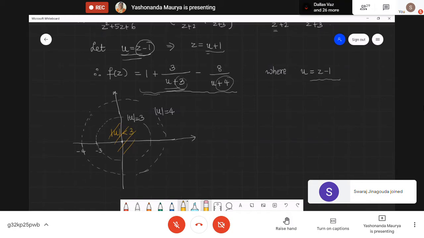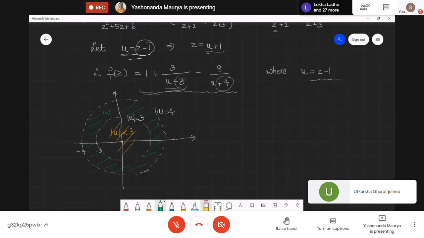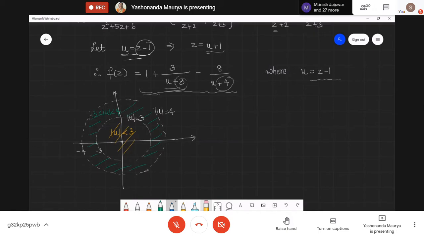What about the region that we have here? This is the region where u is greater than 3 and less than 4. And the outside region, this one, all blue, is nothing but mod of u greater than 4. Now having done it this way, we can write down the series expansions. So let us consider region number 1.